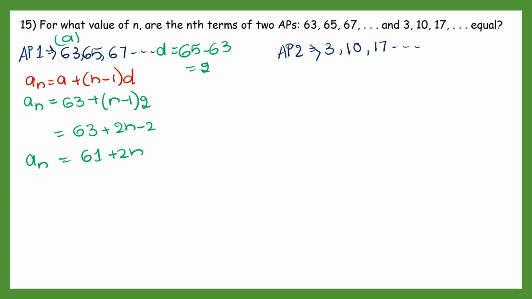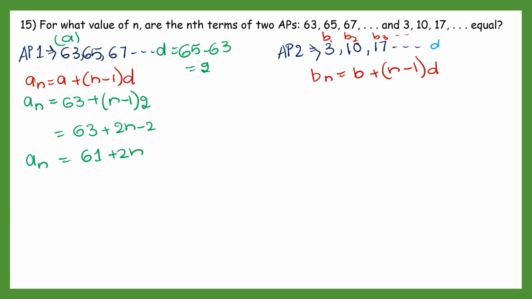Next, in the second arithmetic progression, bn is equal to b plus n minus 1 into common difference d. This is the first term b, or b1, b2, b3 and so on. Now, what is the common difference in the second case?